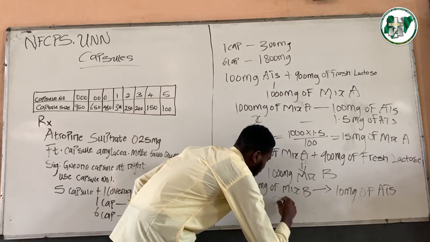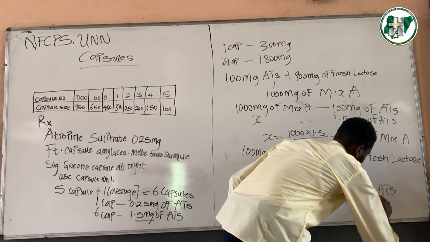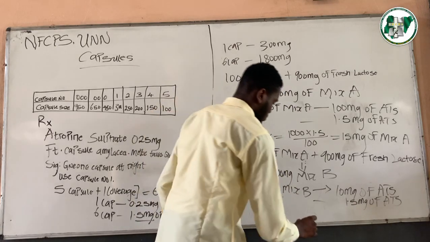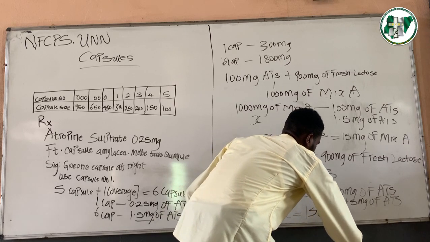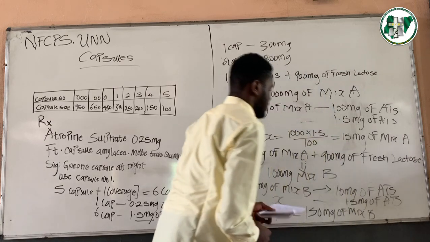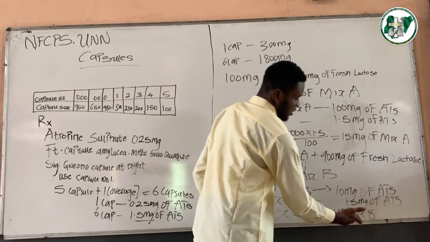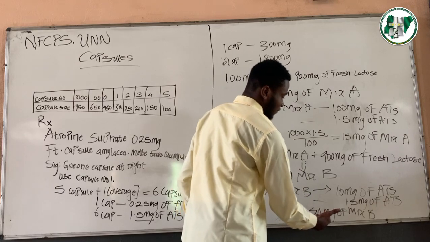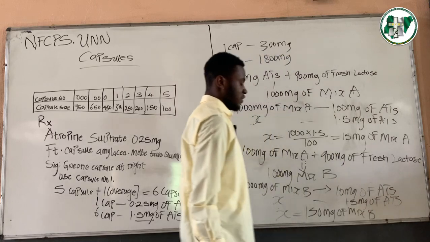So how many milligram of mixture B would contain 1.5 milligram of ATS? When you do the cross multiplication, you get a total of 150 milligram of mixture B. What this tells us is that when we get 150 milligram of this second mixture B, which is made of 100 milligram from the mixture A plus 900 milligram of fresh lactose, we will get 1.5 milligram of atropine sulfate inside it, right?